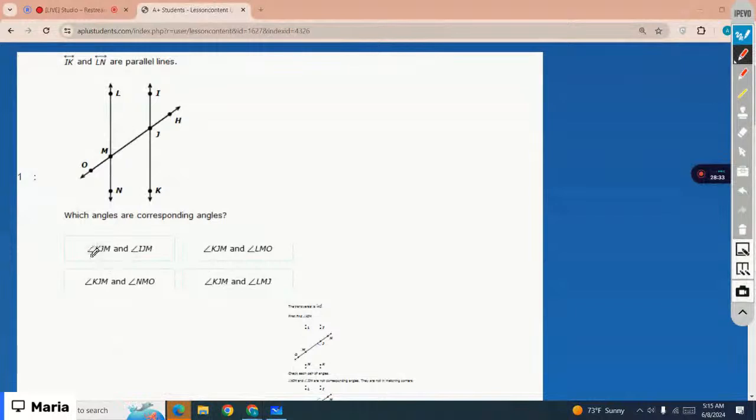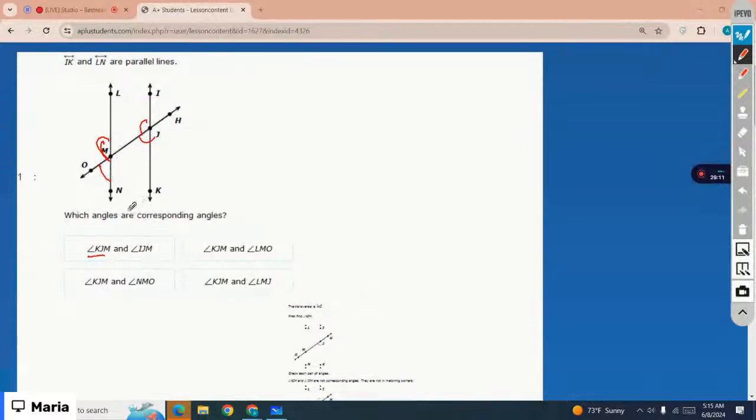Angle KJM and angle IJM. Angle KJM and LMO, no, they are not corresponding angles. Angle KJM and angle NMO.